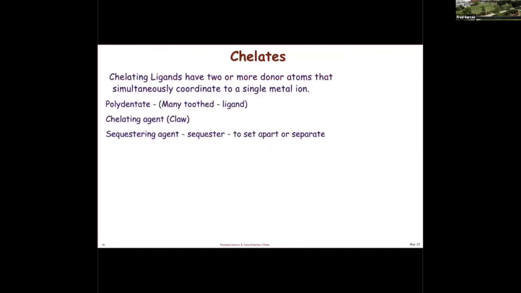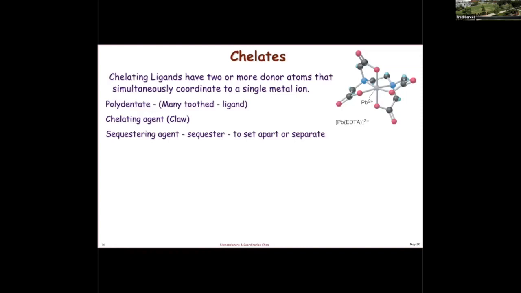So here is a list of more anions that could be used as a ligand. It's just a compiled list. And then chelating, remember, is the idea that one ligand can bind the metal in two or more sites. That's what chelate means. It means many tooth, polydentate.